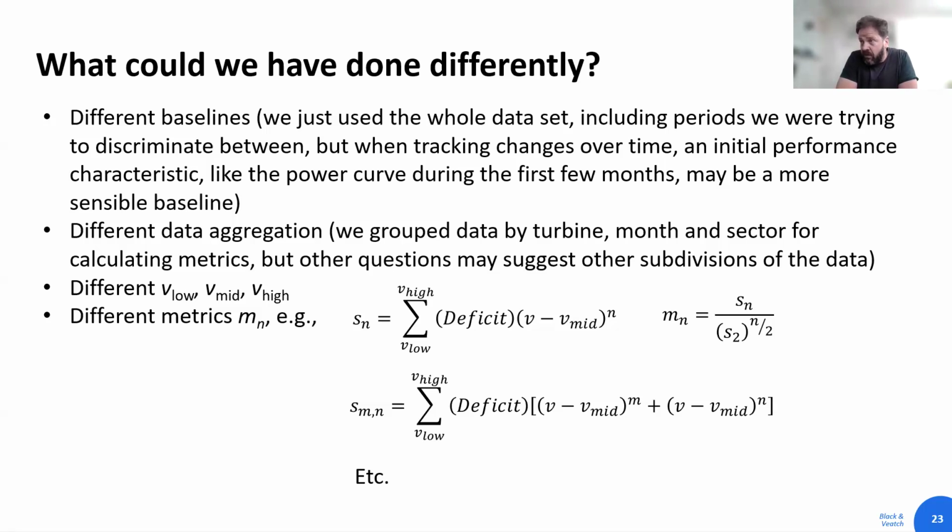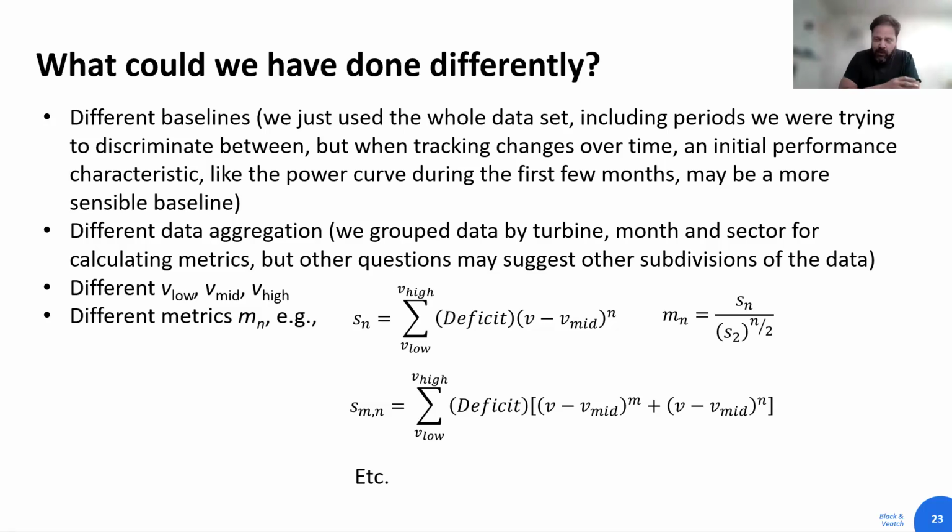So, for example, one that I've used in the past is where you calculate these sums, Sn, where n is just the difference, your wind speed measure, your distance of your wind speed from the midpoint of your analysis, raised to that power, weighted by the deficit, and then calculated metrics by taking ratios of those different sums, and raising one to a power relative to the other in order to get them to normalize out, to be dimensionless, and come up with metrics of a similar order of magnitude and size.